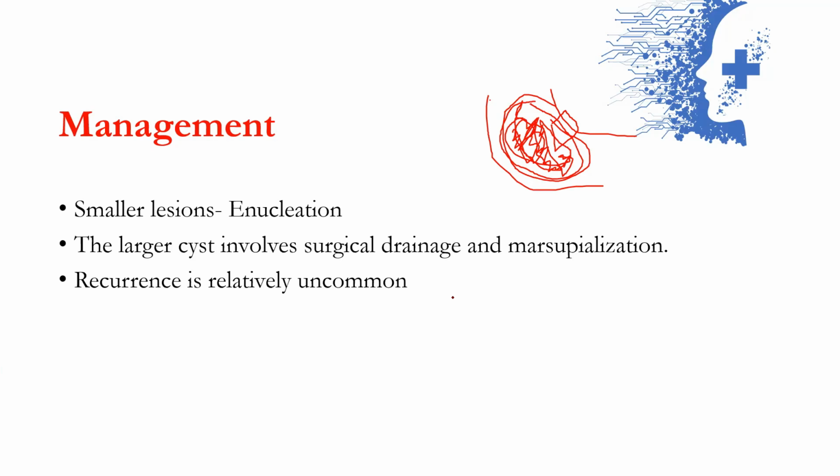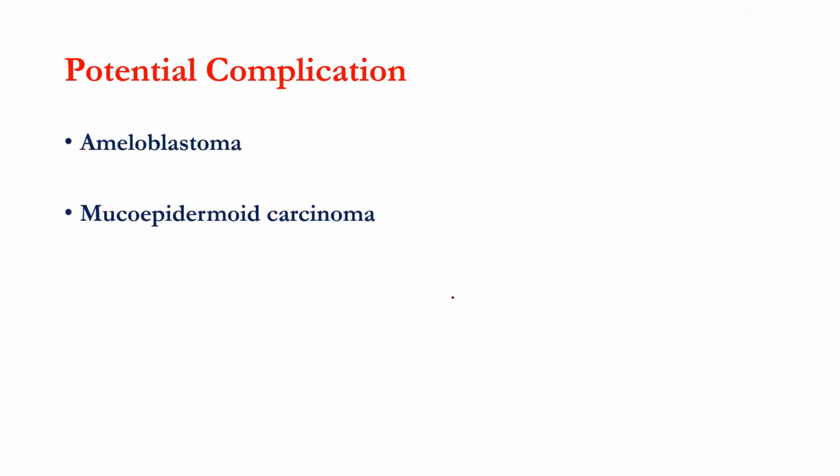Like I said, recurrence is uncommon in case of dentigerous cyst. But there are some potential complications which we must be aware of. One such complication is development of ameloblastoma from the lining of dentigerous cyst and the development of mucoepidermoid carcinoma. So both these are very aggressive tumors.